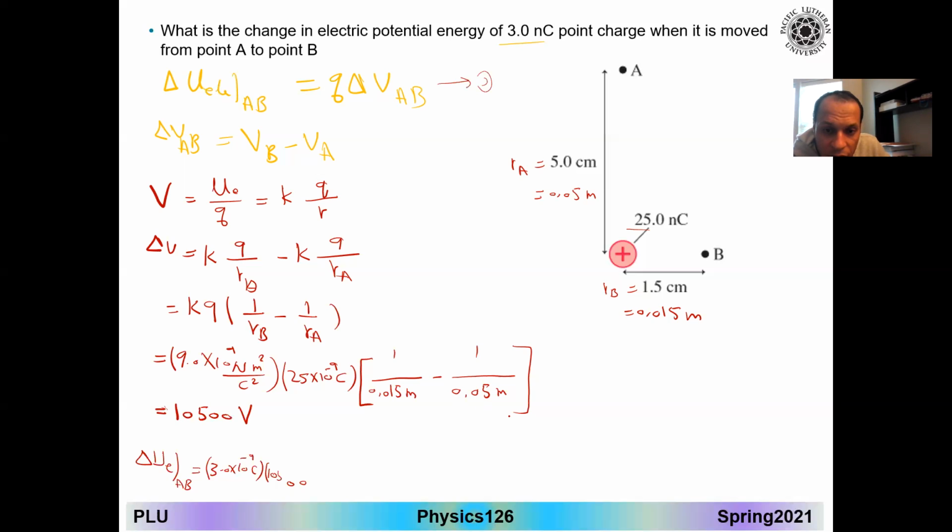For this calculation, you should end up close to 3.2 times 10 to the minus 5. I think I am right. Just make sure, guys, you make the calculation for this one, and it should be in joule as a unit.